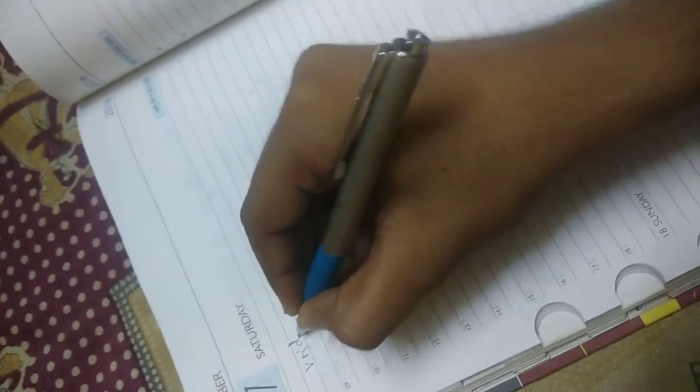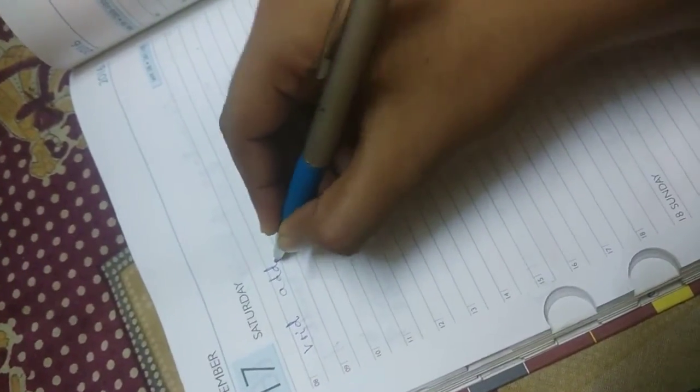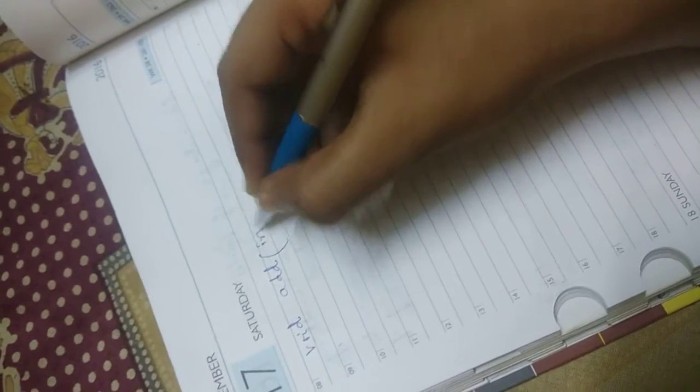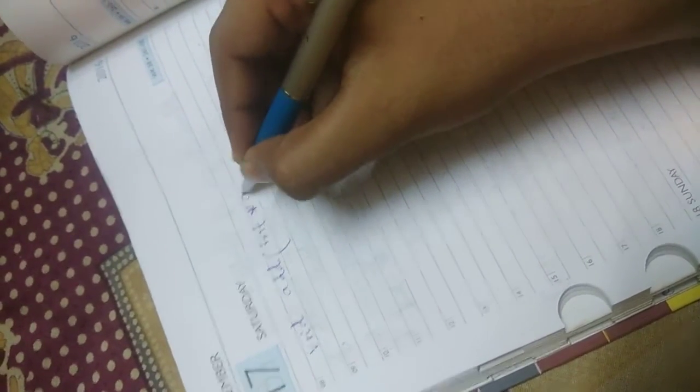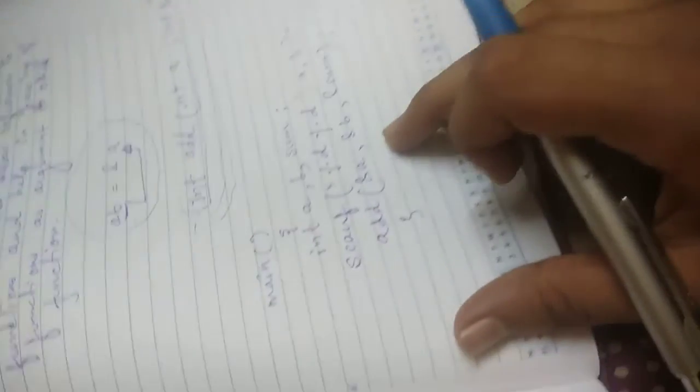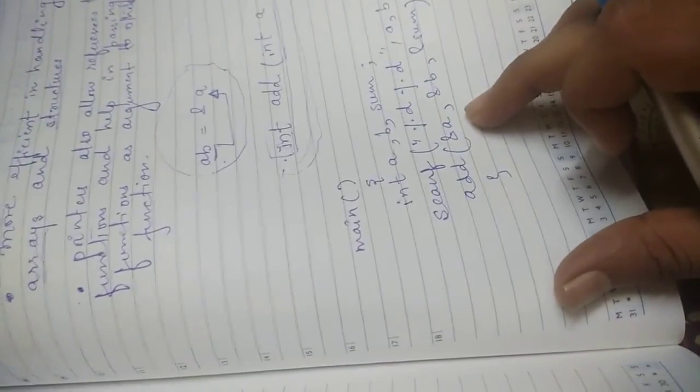So void add, this is the function, and see what we are writing. Pointer a means this will store the address of a, it will store the address of b, it will store the address of sum, and these addresses will be getting stored in this pointer as a parameter.